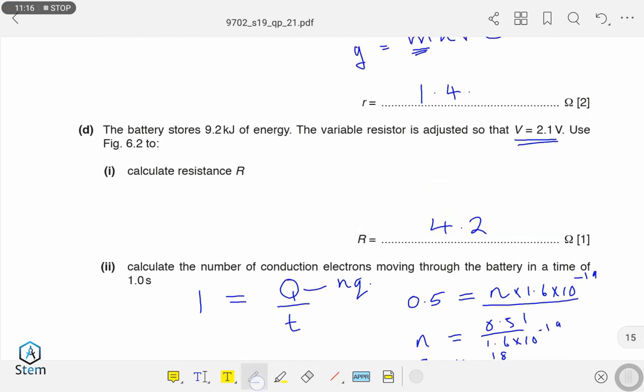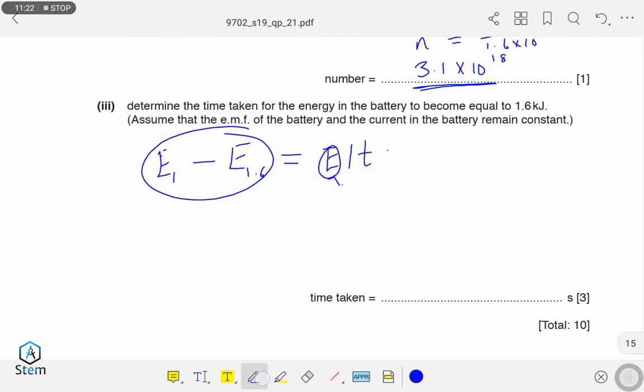All right, so this change in energy is the initial, which is 9.2 kilojoules, and the final is 1.6 kilojoules. So we can say 9.2 minus 1.6 kilojoules is equal to the EMF of the battery, which is 2.8.